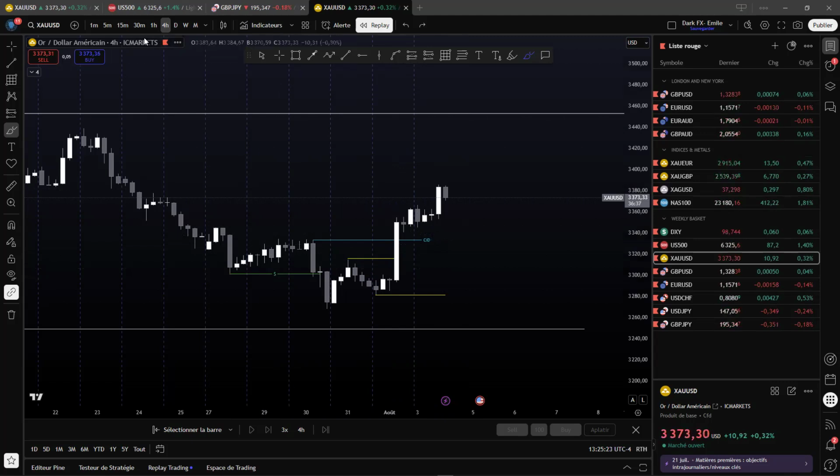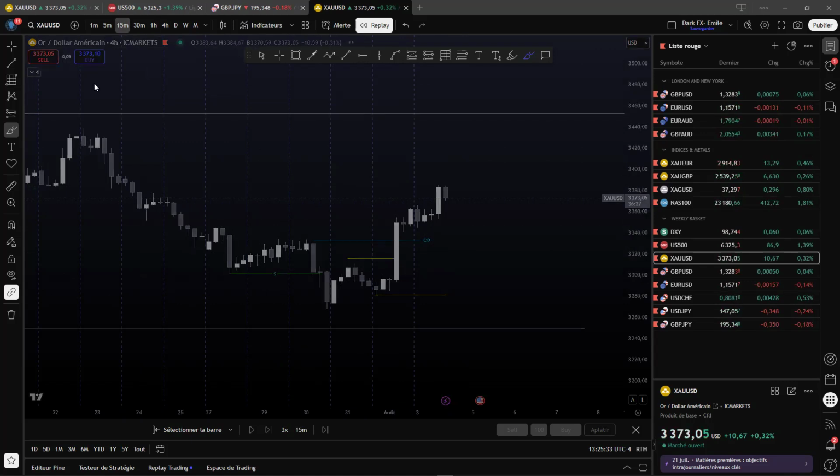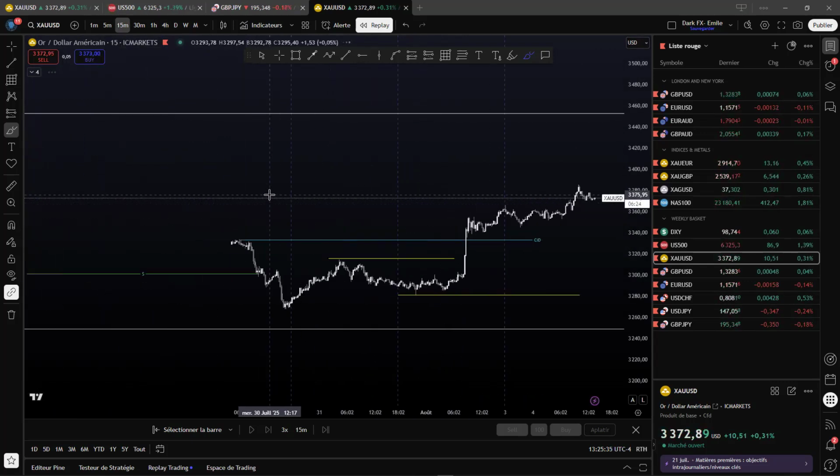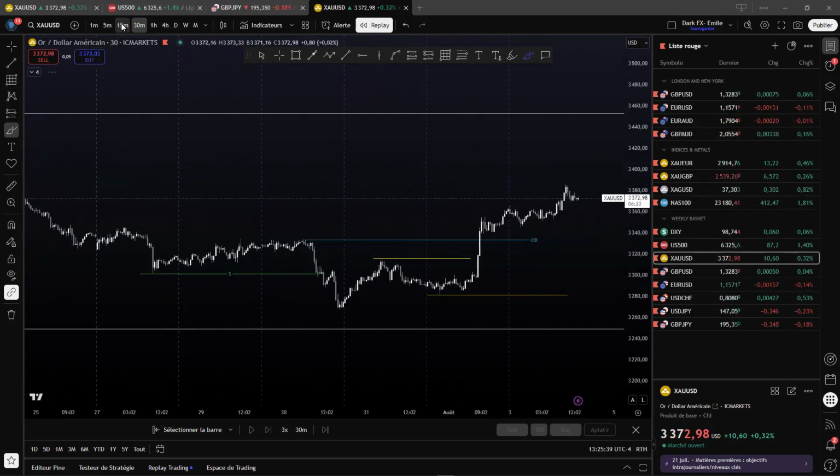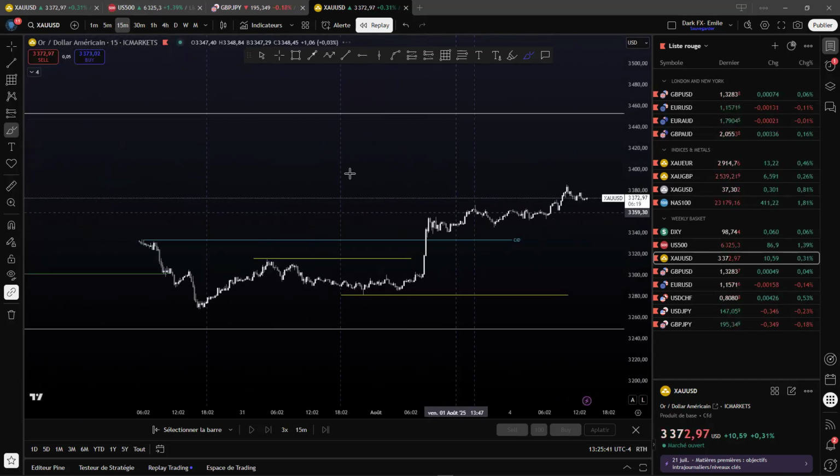First of all, after finding the market structure on H4, you would drop on M15 or M30, but let's do M15 because I know everyone wants M15.